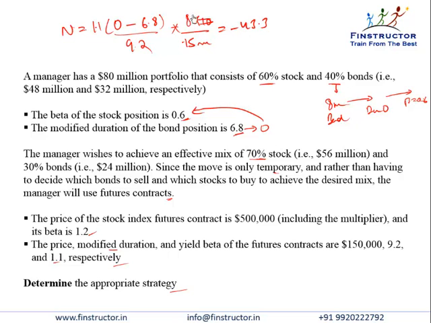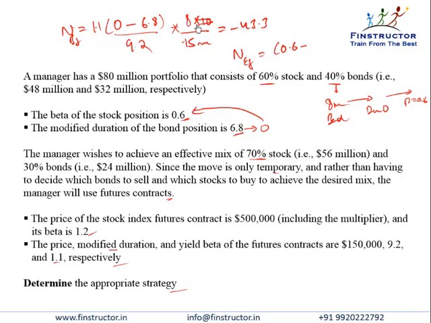What this would do is convert 8 million of the bond position to a duration of 0, or practically like cash. And we would immediately then long a corresponding number of equity futures contracts to make a beta equal to 0.6. So these are the bond futures. Now let's calculate the number of equity futures that we will need. The target beta is 0.6.